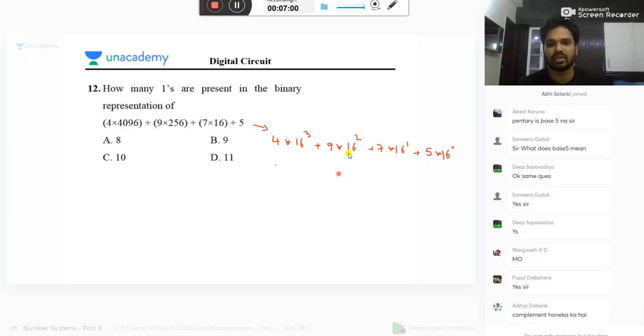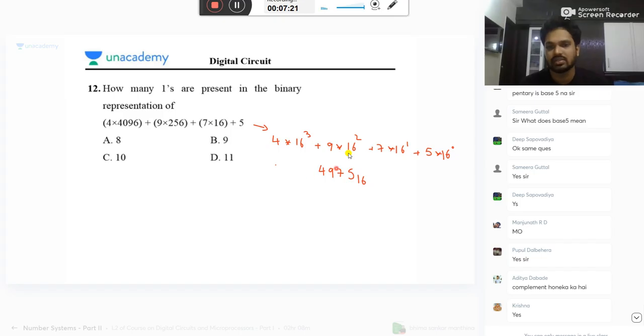Is it okay for everyone? So this is nothing but 4975 in hexadecimal. I hope you remember yesterday's class. Positional value r power 0, r power 1, r power 2, r power 3. R is 16 here. You are replacing. Okay. Then you convert this into a binary number.